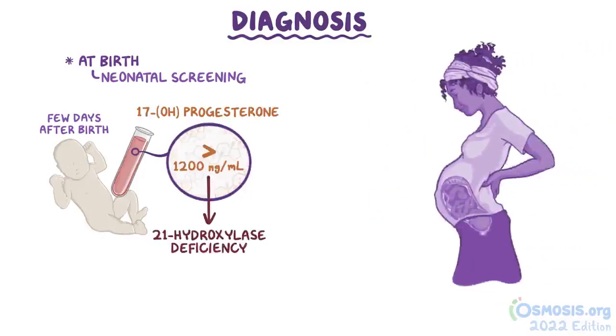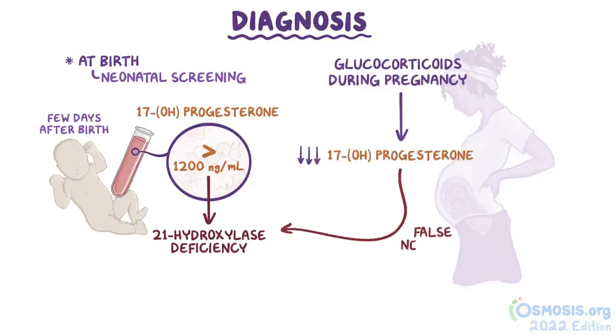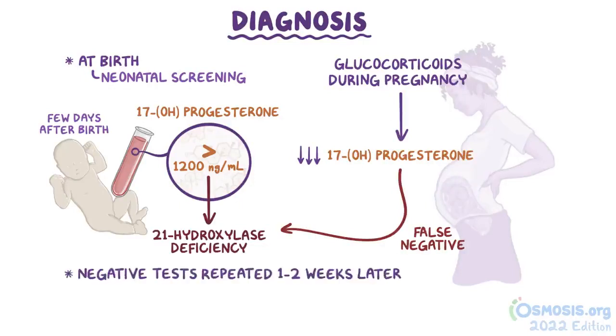Bear in mind that if the mother received glucocorticoids during pregnancy, that can lower 17-hydroxyprogesterone levels, causing a false negative result. That's why if classic 21-hydroxylase deficiency is suspected, a negative test should be repeated 1 to 2 weeks later, while carefully monitoring salt loss in the meantime.